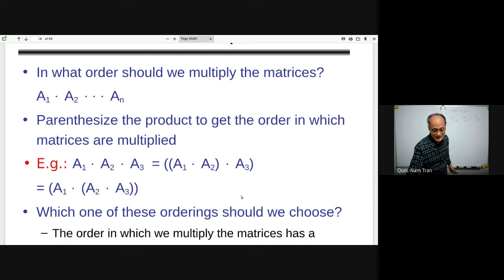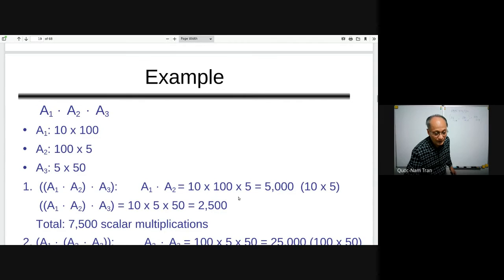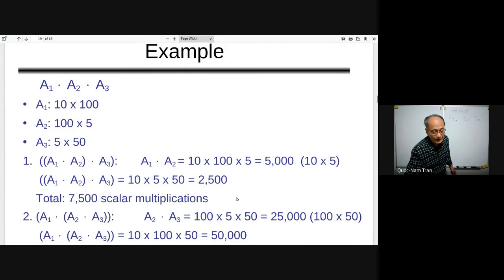So here is one example. If we have three matrices, A1, A2, and A3, with the number of rows and columns you see on the shared document, right? A1 has 10 rows, 100 columns.